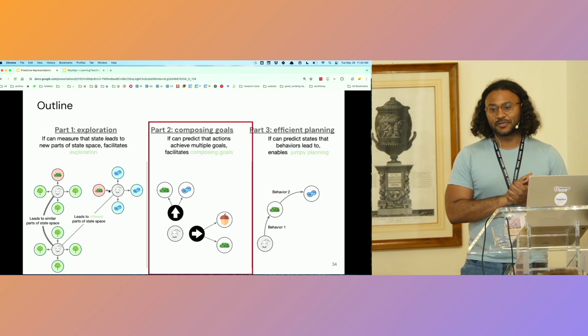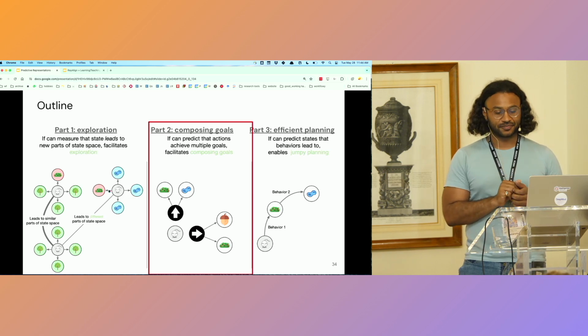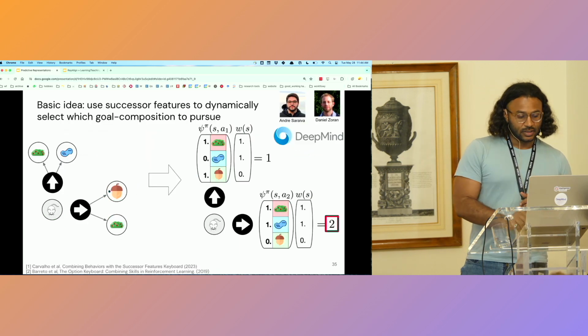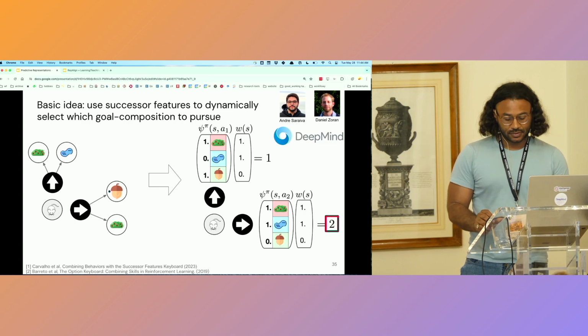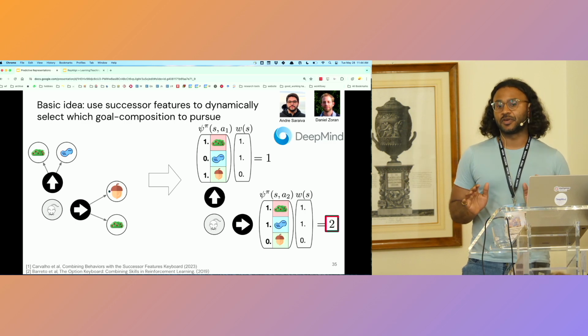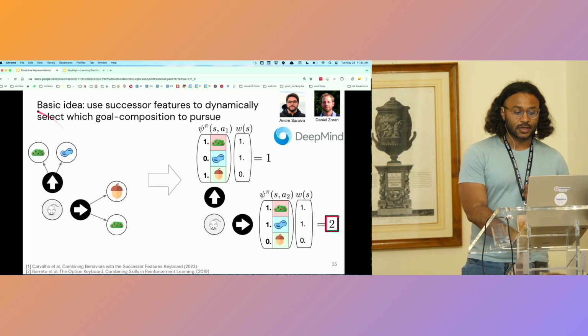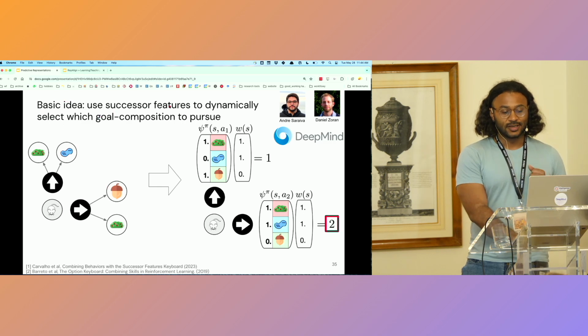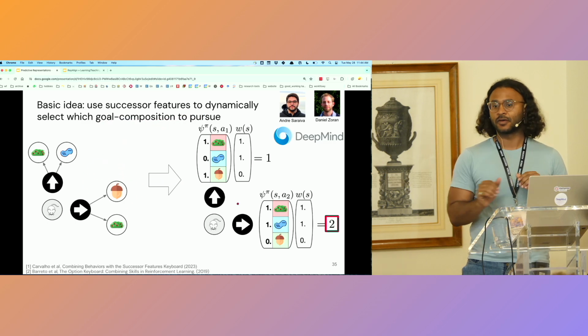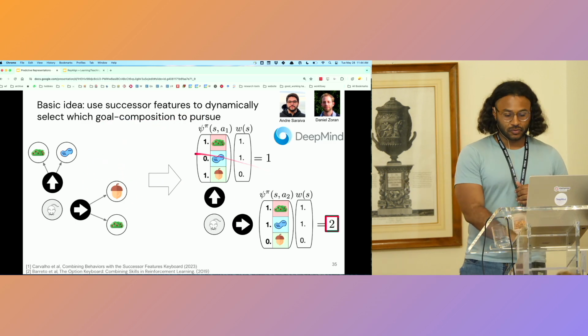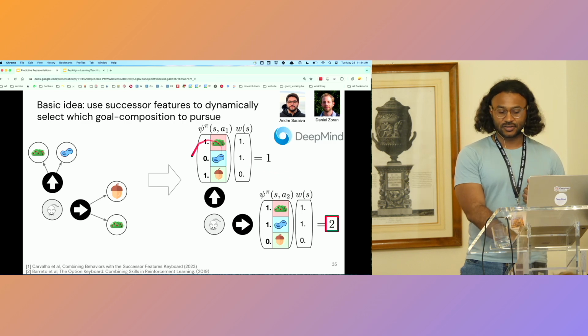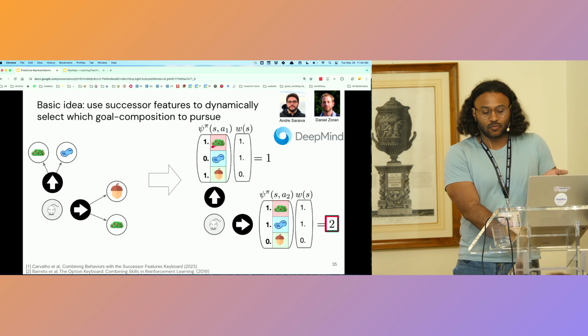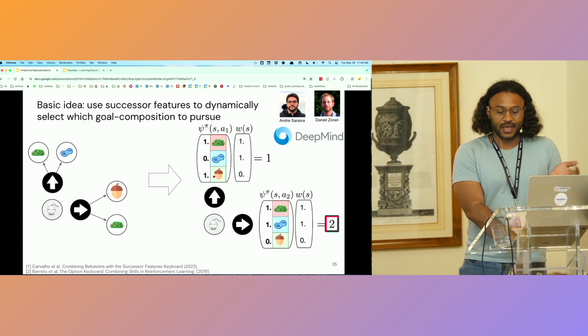OK, now let me talk about composing goals. So the basic idea here is going to be as follows. We're going to use successor features to dynamically select which goal composition to pursue. Right? So it's the same idea from before, but I'm going to give it a little bit more meat. So let's say that these are the feature predictions for going up. And I put random numbers here, one for the berries, one for the acorns.